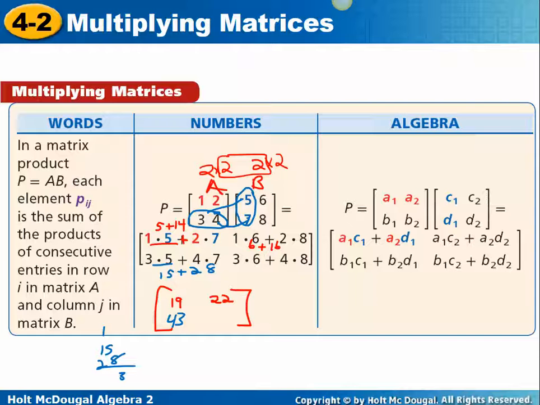And then we do the second row by the second column. So 3 times 6 and 4 times 8. 3 times 6 is 18, 4 times 8 is 32. Add those together and we get 50. And there's our new matrix.